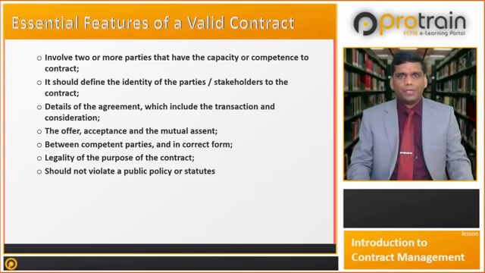It should define the identity of the parties, stakeholders to the contract, and details of the agreement, which include the transaction and consideration, the offer, acceptance, and the mutual assent. It should be between competent parties and in correct form. Legality of the purpose of the contract is an important aspect. It should not violate a public policy or statute.